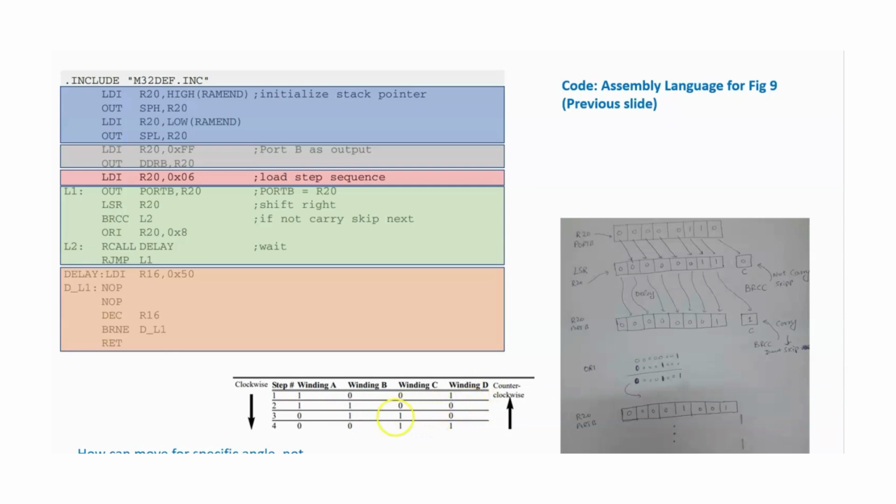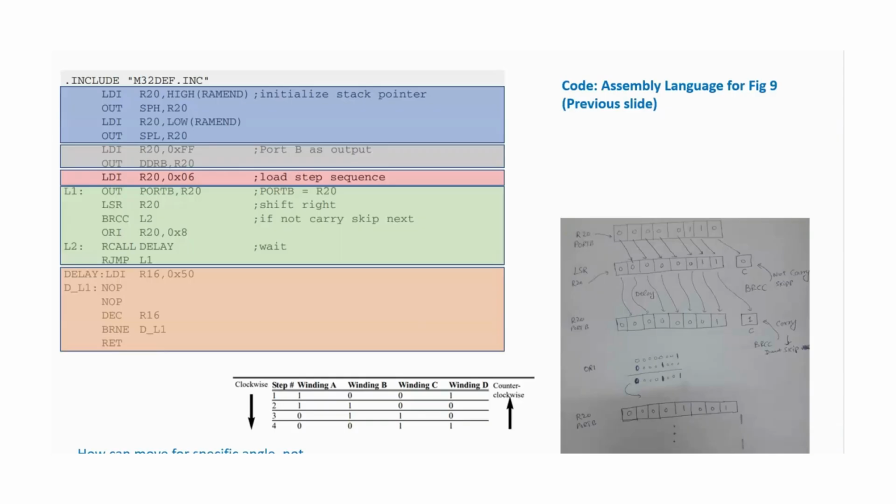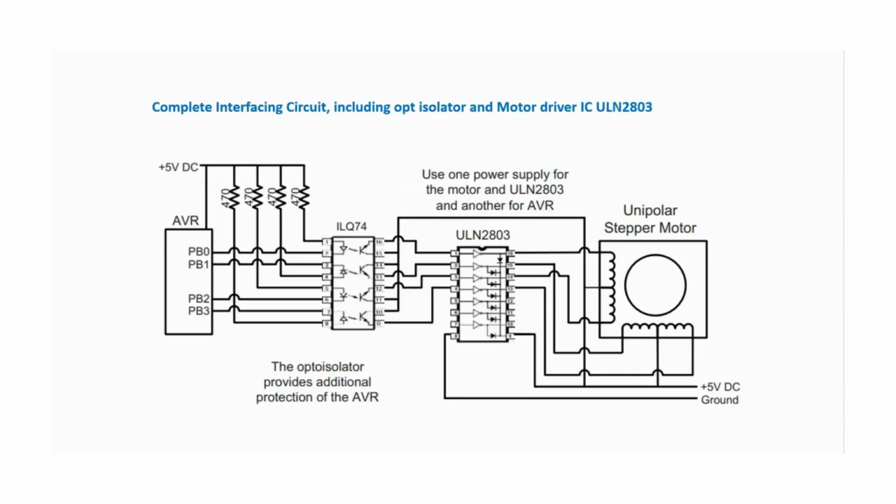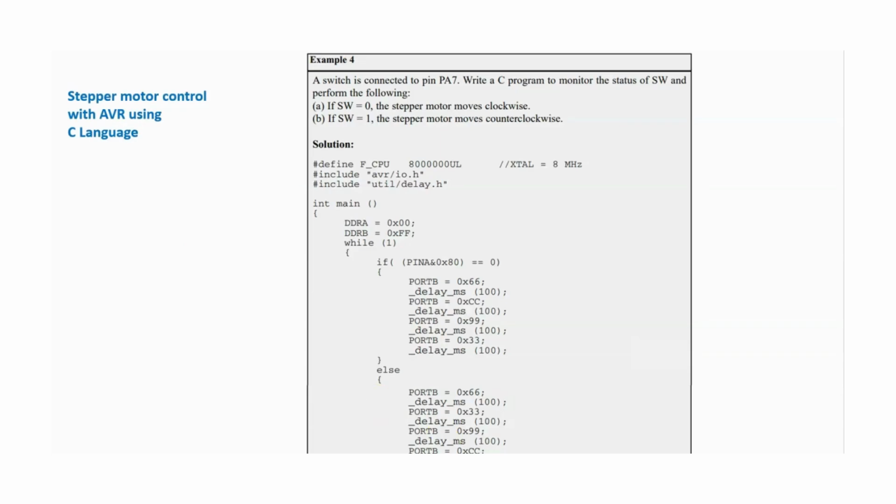After this we apply the second step and then step 1, in reverse direction. So the counterclockwise direction is implemented in this block when the switch was 1, because being 1, this will create answer 0, and 0 equal to 0 is true.